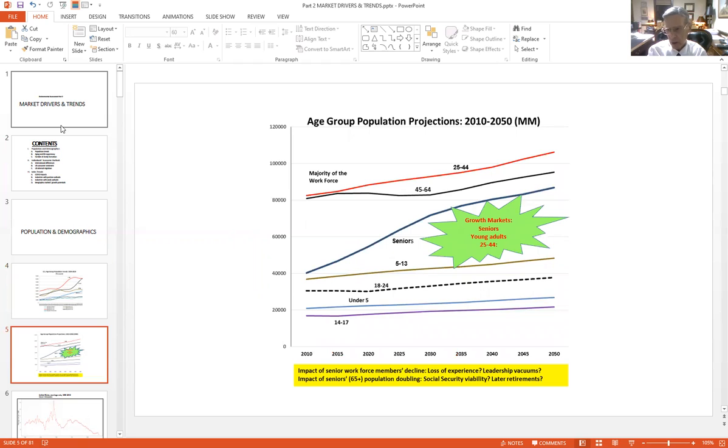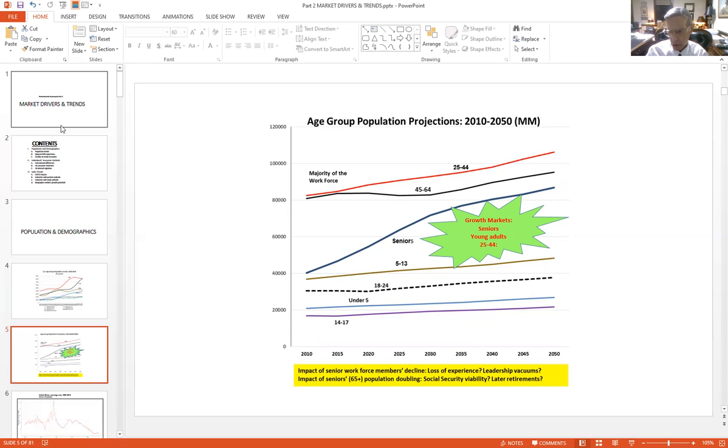So now let's take a look at the trends and outlook for the 40 years from 2010 to 2050, which of course includes the time that we are in today. There's that 25 to 44-year-old group, and it's still growing, but the real fast growth group had been 45 to 64, and it's kind of leveled off.